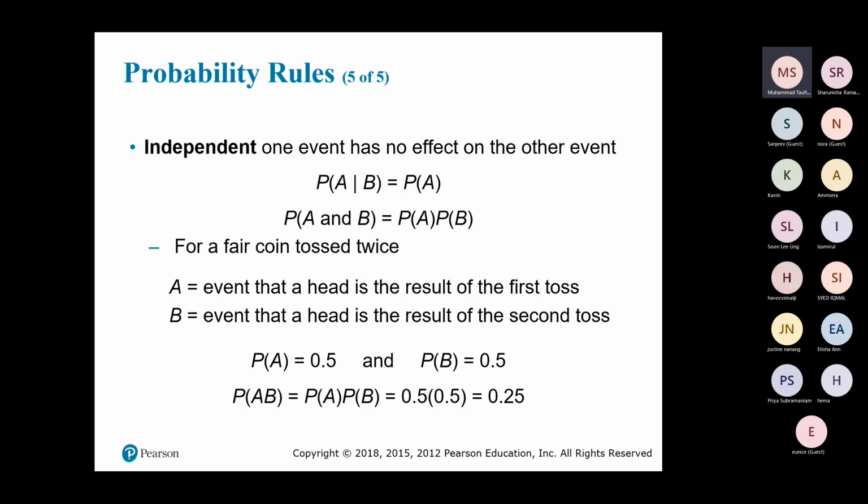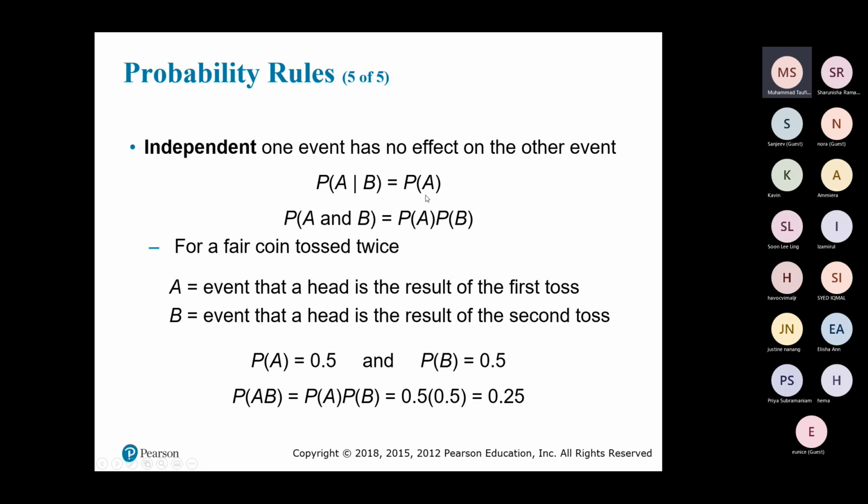So how to calculate the probability for independent event? For example, the probability of event A affected by event B is equal to probability of event A. Why?